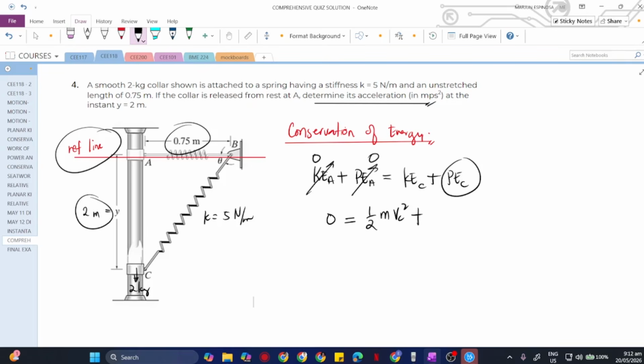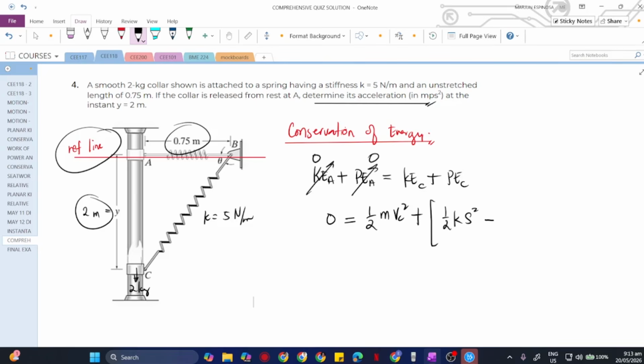So, itong potential energy dito, at point C, is the summation ng potential energy ng spring na tinaas at yung binaba na potential energy ng ating collar. Okay? Due to its decrease in elevation. So, meaning to say, itong part na to sa potential energy at point C is equivalent to 1/2 tapos k ng spring natin, then yung stretch na na-stretch na length ng ating spring square, no?